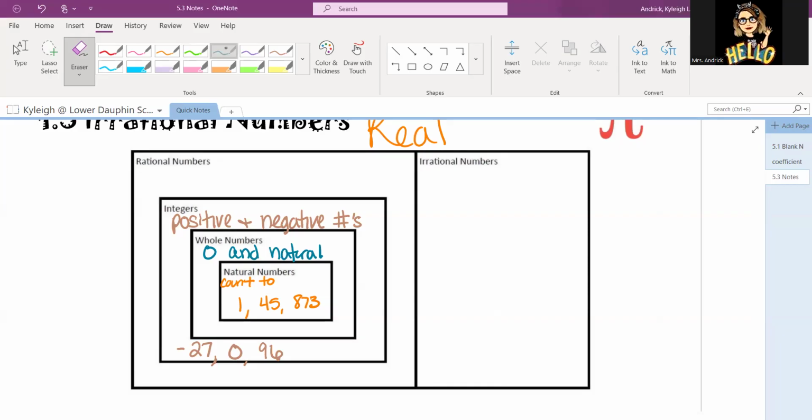So let's talk about what makes a rational number. A rational number is a fraction. Anything that is a fraction is a rational number. I normally say if it's fractional, it's rational. Any fraction you see, for the most part, is going to be a rational number.